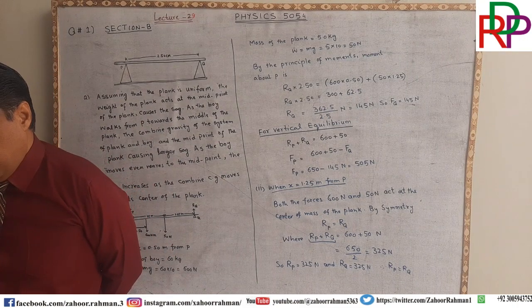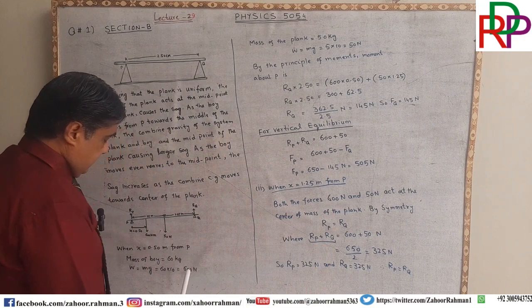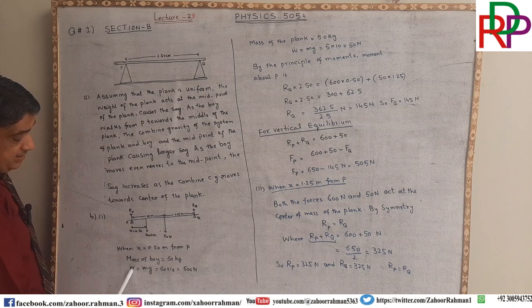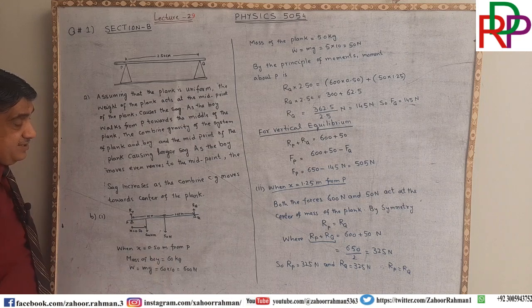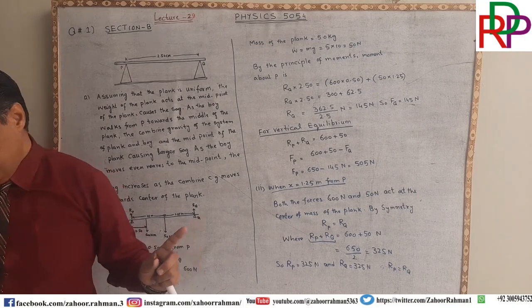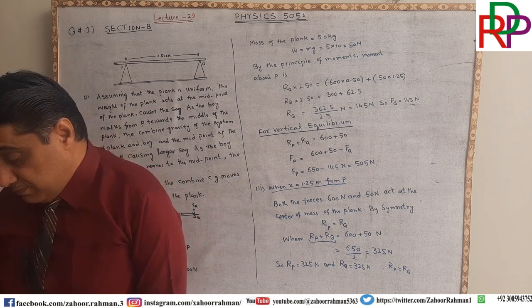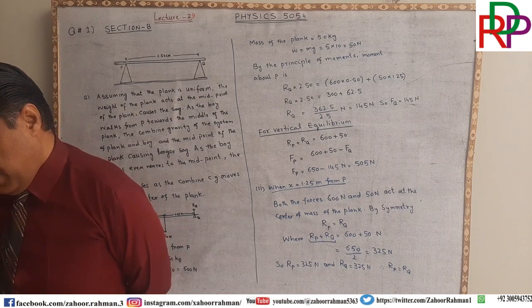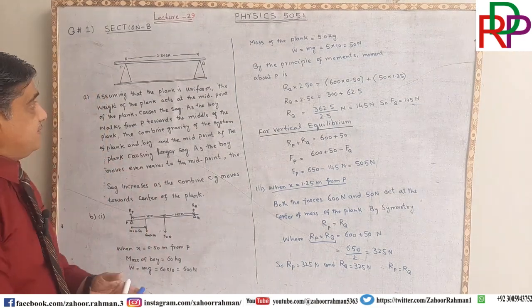When a student of mass 60 kilogram, so we find W is equal to mg, 60 multiplied by 10 is equal to 600 Newton, and I am writing it. Understand the question. Don't lose your concentration. When a student of mass 60 kilogram walks along the plank from one trestle to the other, the plank sags.